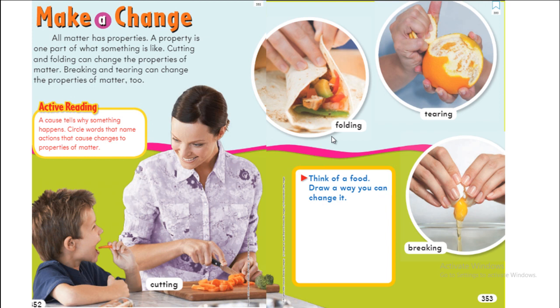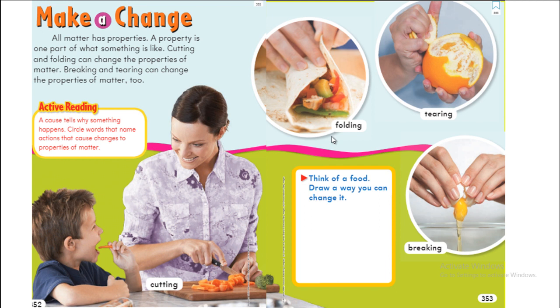So if we want to make a change, we have to remember that all matter has properties. Everything has properties. If I wanted to describe my book, I'm gonna say the color, the shape, the size, if it's heavy, if it's long. I'm gonna say all the properties that it has.